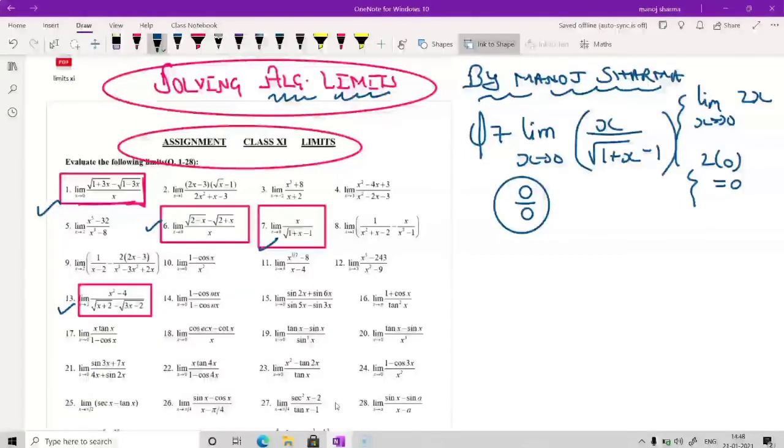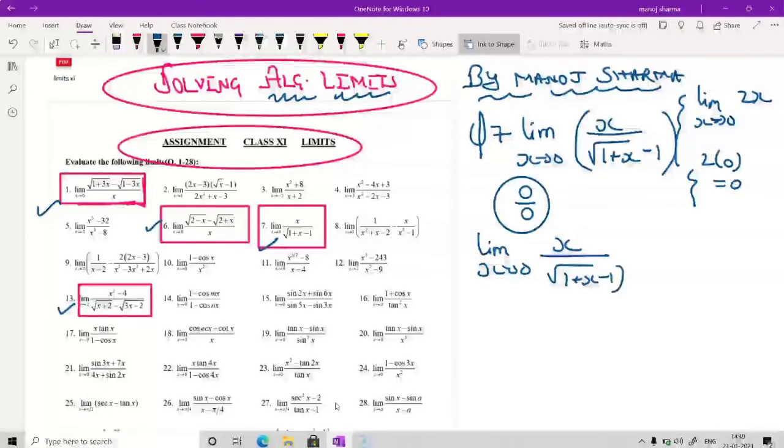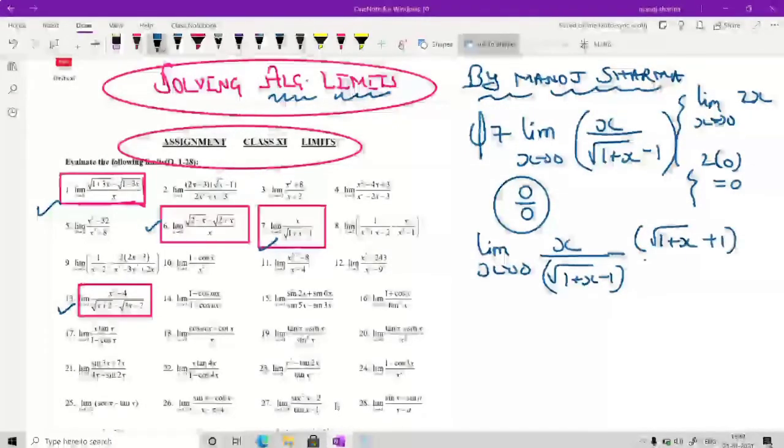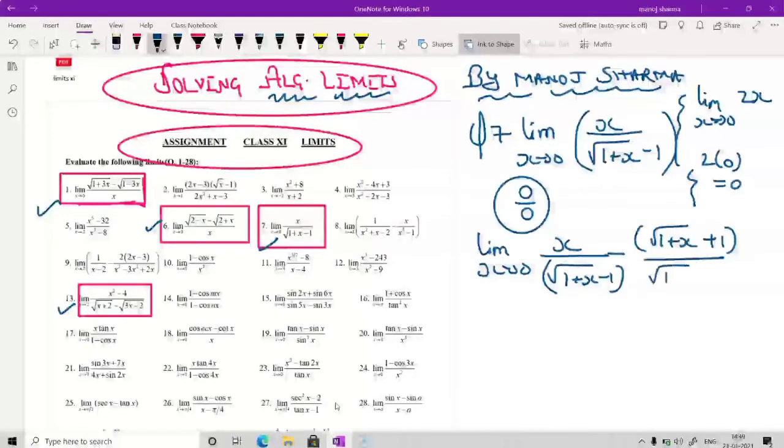Now to define this limit, we have limit x tends to 0, x under root 1 plus x minus x. We need to rationalize it. In the older classes you have seen that we rationalize by the same number. Only thing is that we have a sign which is changed.